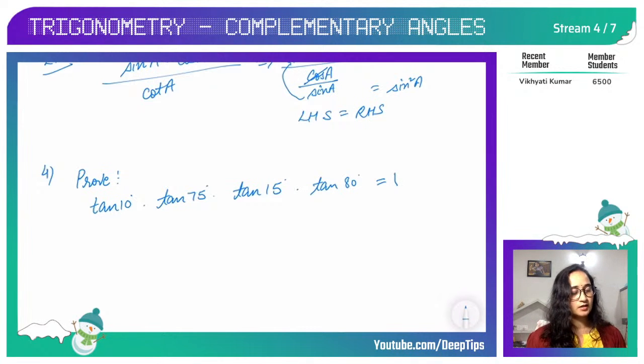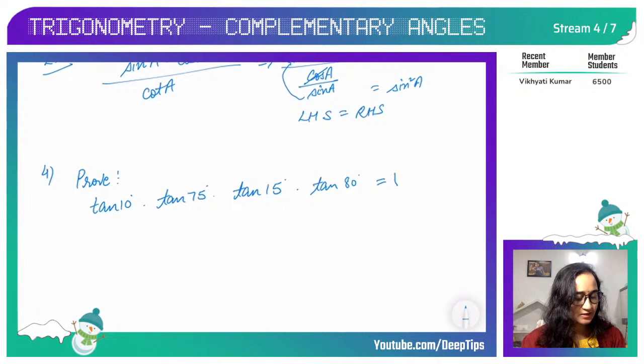So here again you have to prove that in the LHS you have tan 10 into tan 75 into tan 15 into tan 80. If you take the product of all these four angles, then you get the RHS as 1. So tan 10, 75, 15 and 80 are all tans. I told you, when you have these kinds of angles, first make pairs of complementary angles.